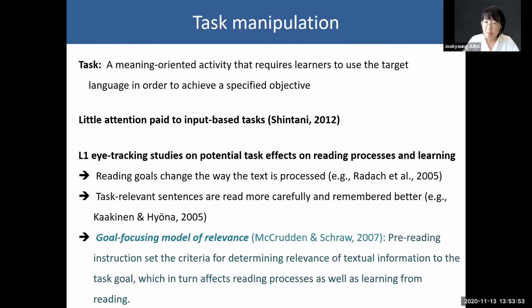In other words, by changing the task goal, by changing the pre-reading instruction, we can change the way learners process the text and, going one step further, learning from that reading.